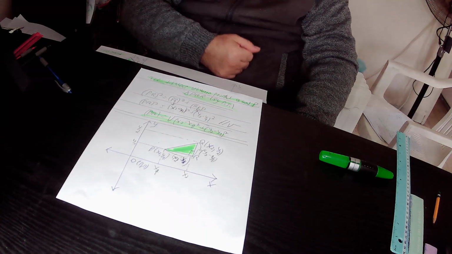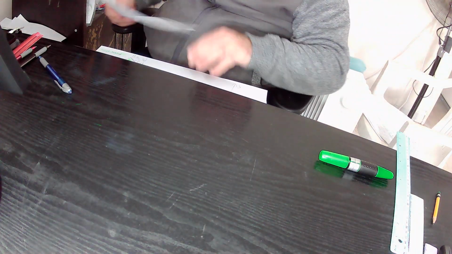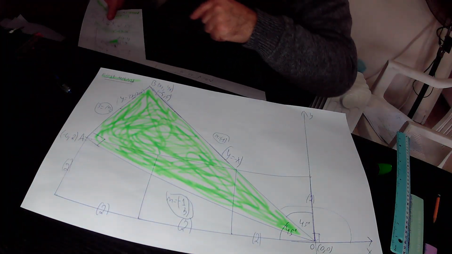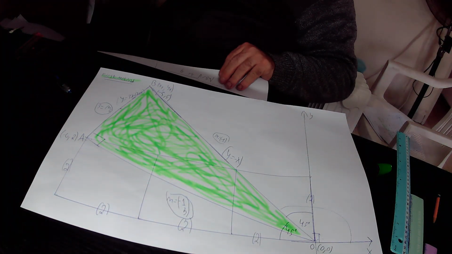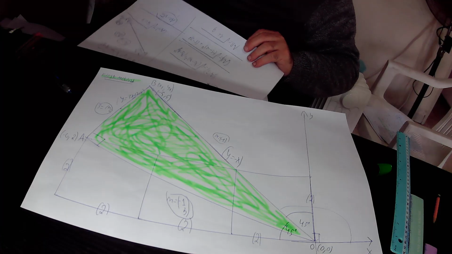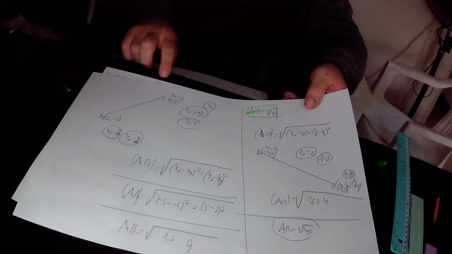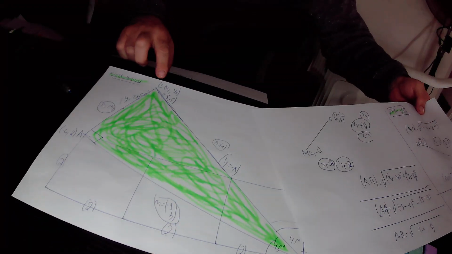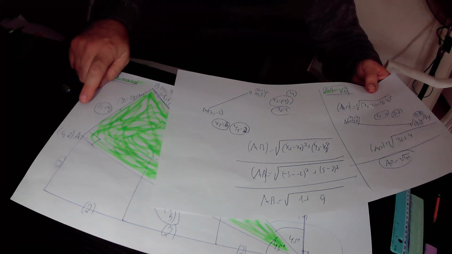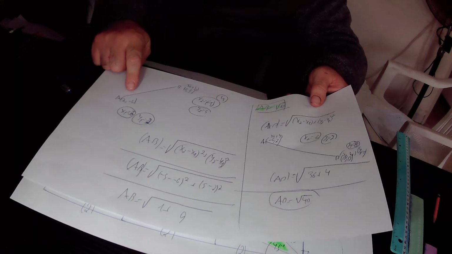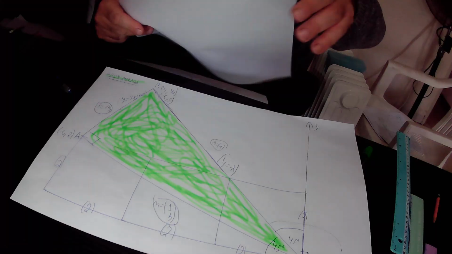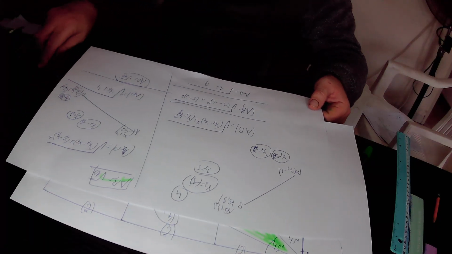So we can use the new formula to find the distance between those 2 points A and B. The coordinates of point B are minus 5 and 5. The coordinates of point A are minus 6 and 2.